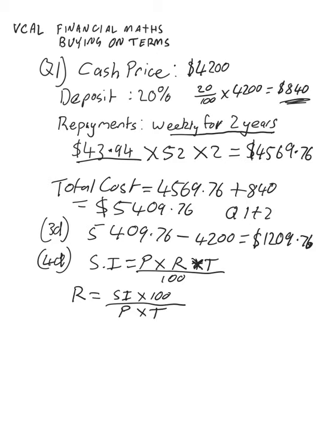Now what we need to know is, we know that the simple interest, the interest, was the extra you paid, so that's $1,209.76. We know that the time is 2 years. But what's the principal? Okay, the principal is effectively the amount of money you've borrowed.